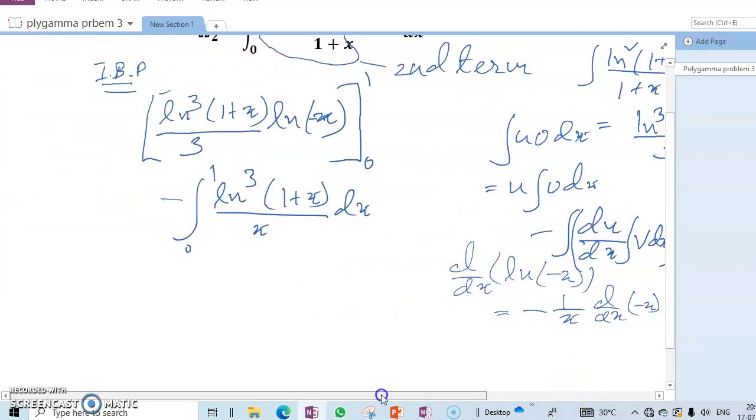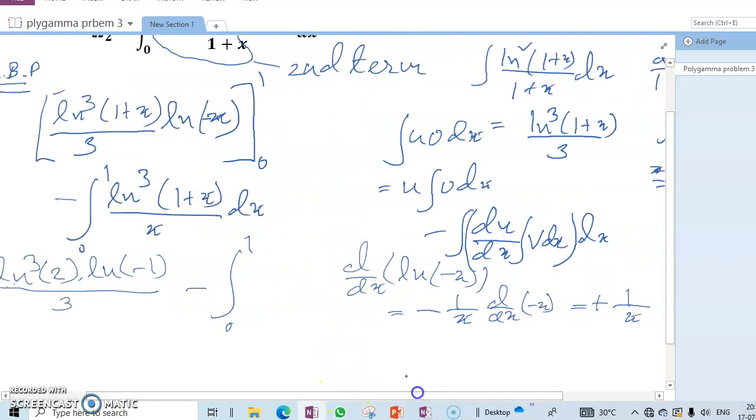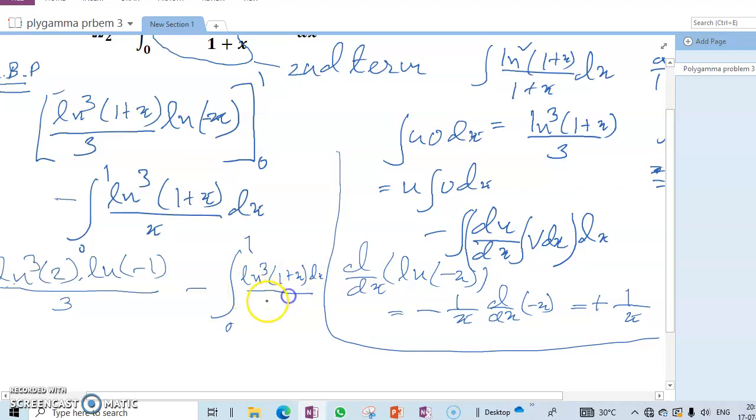Now it can be written as ln(minus 1) ln cube 2 divided by 3, minus the integral from 0 to 1 of ln cube(1 plus x) dx divided by x.